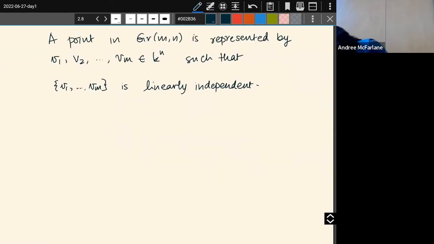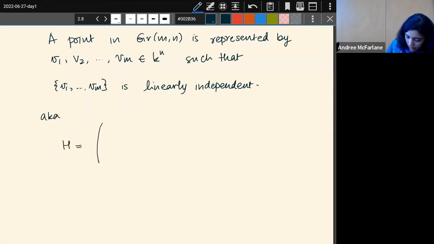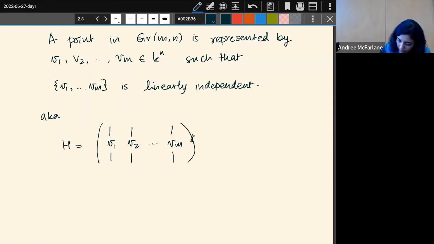Okay, so I'll do that. And which way does my matrix go here? Actually, let me check. Okay, so I'm thinking of a matrix like this. Doesn't really matter, but yeah, this way.